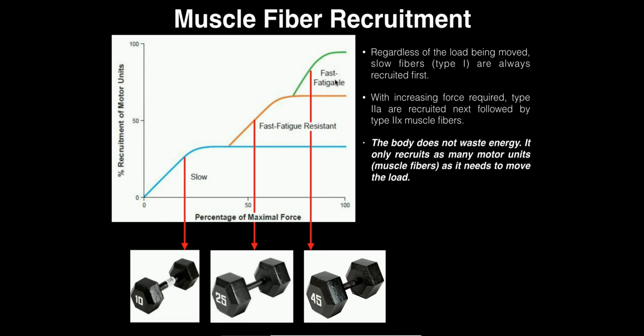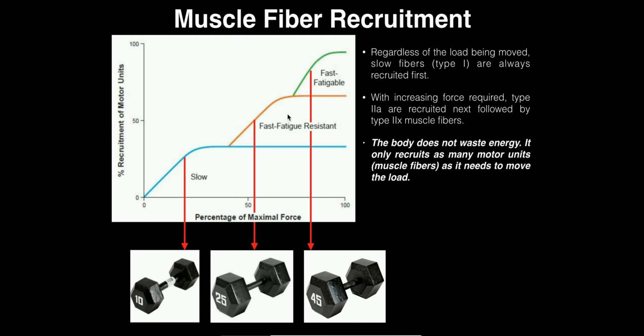No reason whatsoever. Remember, if I wanted to activate a muscle fiber or a motor unit, I have to waste ATP. I have to burn ATP because all of the events that occur with the cross-bridge cycle and action potentials and all that requires ATP. Why would the body want to waste a bunch of ATP if it doesn't need these two muscle fiber types or motor unit types? All it needs for the 10-pound dumbbell is the slow, so it's not going to waste anything on these two types.